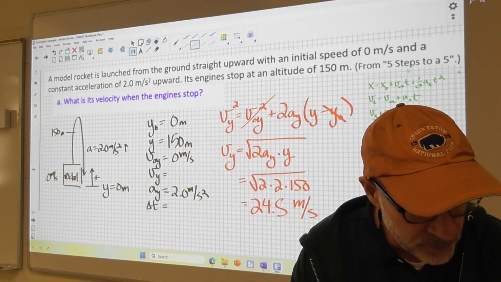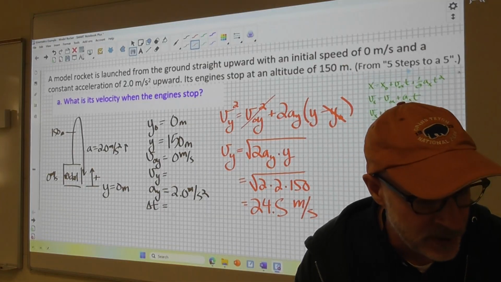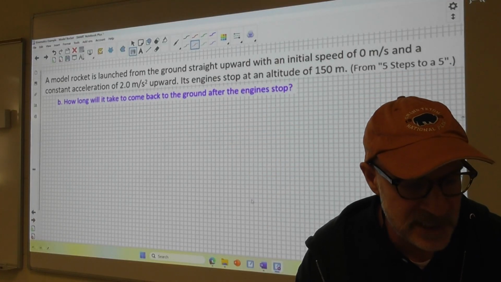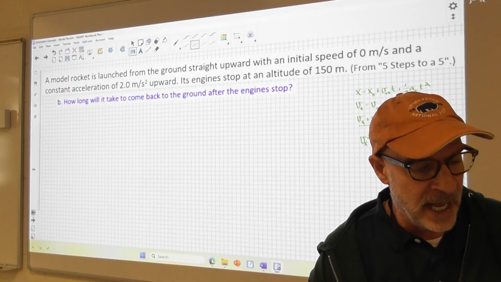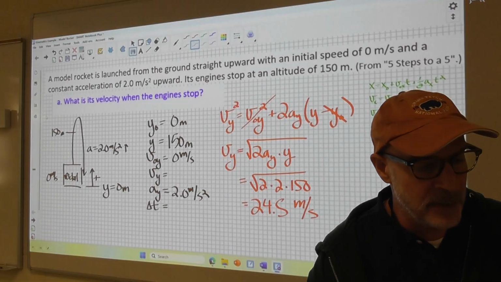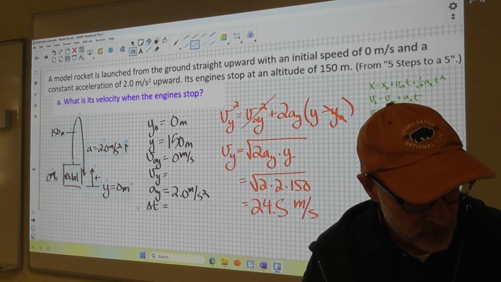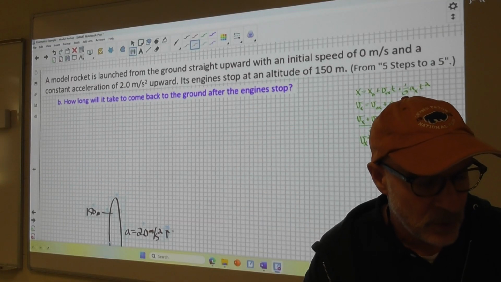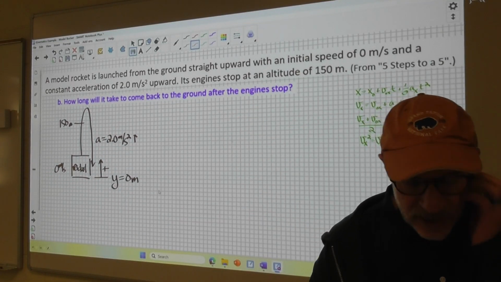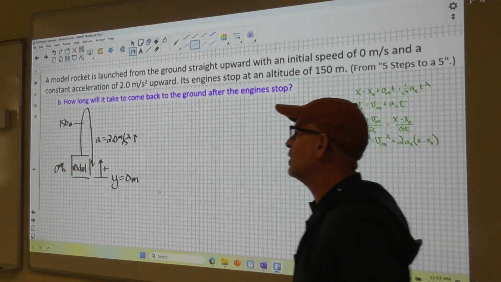this problem has a follow-up, which is this. So in this case, we're going to have really the same general setup, only we're interested in a different time period.